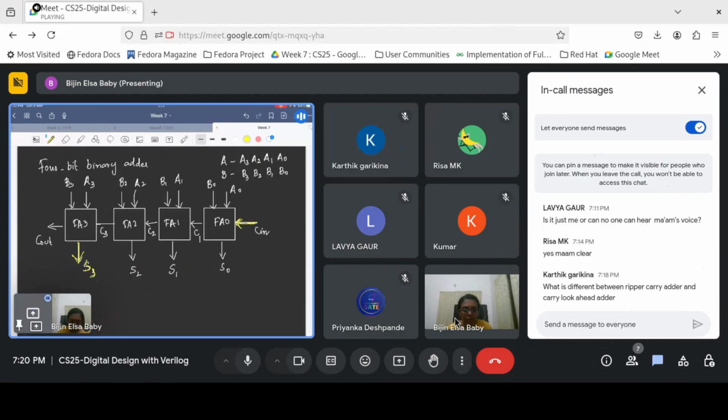We were not able to calculate C1, C2, C3 separately, because for calculating C1, we need the carry from the previous stage. For calculating C2, we need the carry from the previous stage. So the propagation delay for the ripple carry adder was very high, but it was area optimized. So we need to reduce the propagation delay.